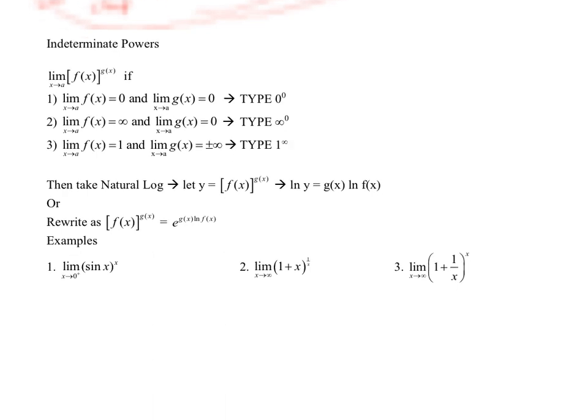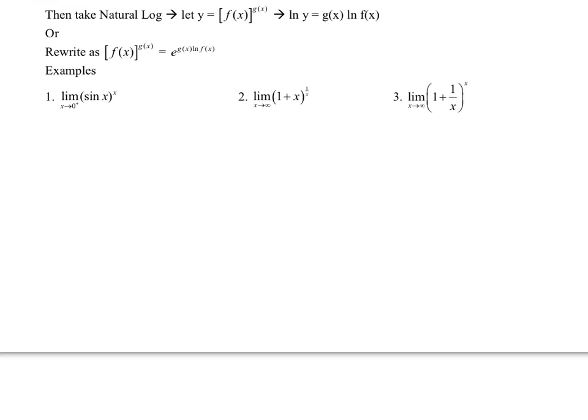For this first one, we have the limit as x goes to 0 from the right of sine x to the x power. So we work this out, and let's take a look. I have y equals sine of x to the x, and if I directly plug in 0, I'll end up with 0 to the 0, and that's an indeterminate type.